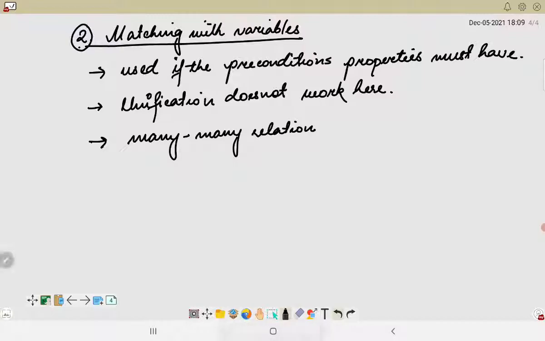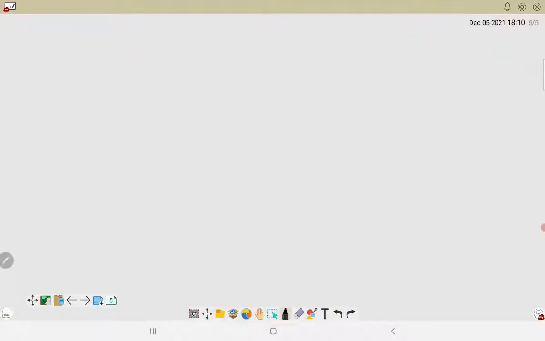One possible example for this is the RETE algorithm. This is a very famous algorithm which is used for matching with variables, and it is used for many relation matching problems. The next point that we will be discussing is complex and approximate matching.